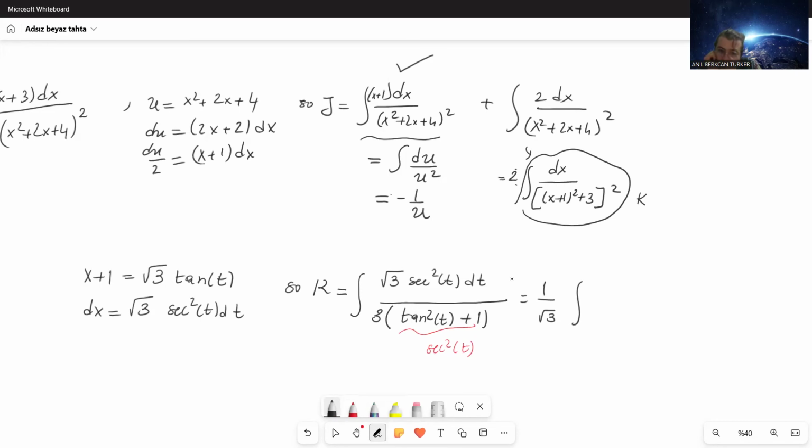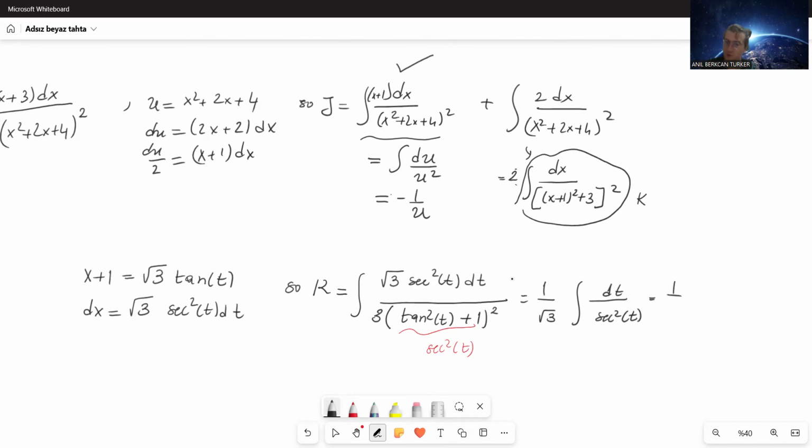I am also forgetting this square, so there should be some square. Now it is just secant square. So at the end I have dt over secant square t.